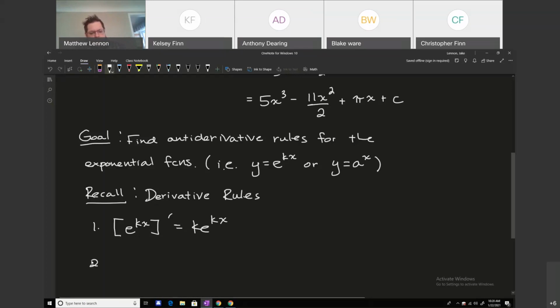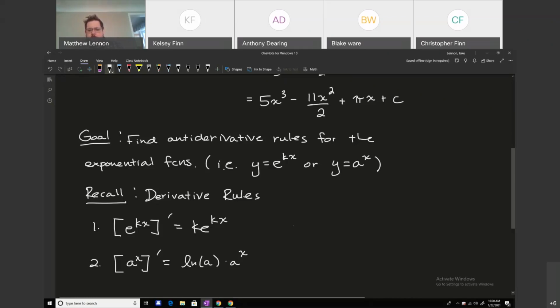And the other form would be a to the x. When you take the derivative there, it's natural log of a times a to the x. So really the process of doing the derivative isn't that hard.